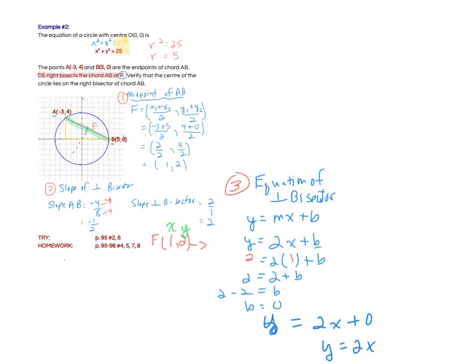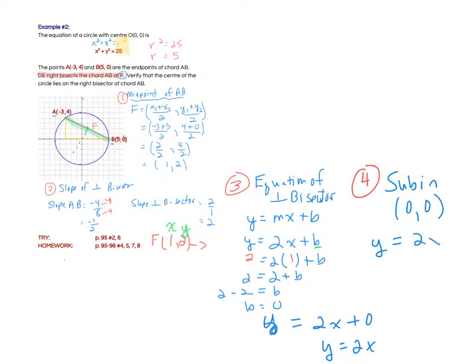All right. So now I'm ready for step 4, and this is the final step. In this step, it's just subbing in that 0, 0 into the equation in order to see if it's a point on the line. So my equation is y equals 2x.